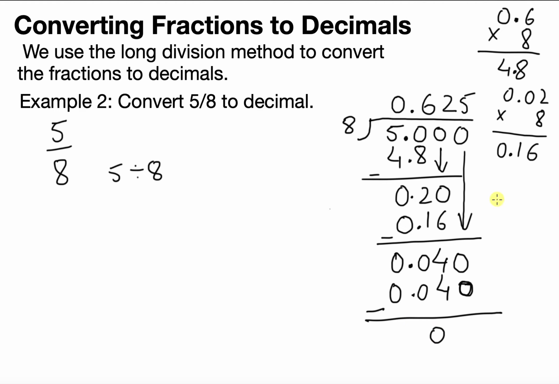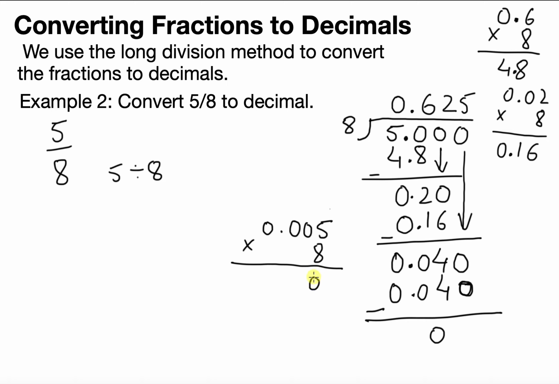I'm sure you understand this one. Basically it is 0.005 times 8, which is 8 times 5, 40.